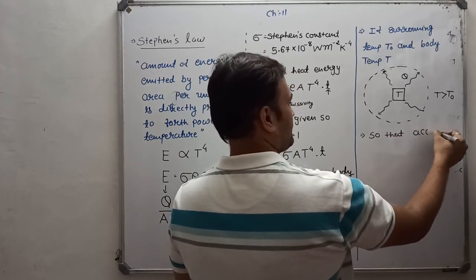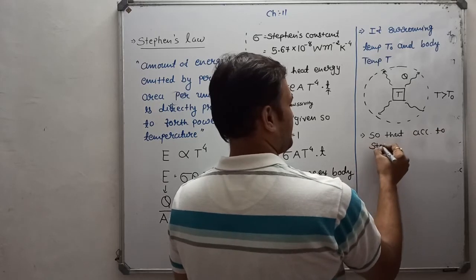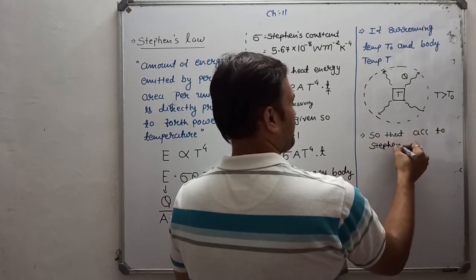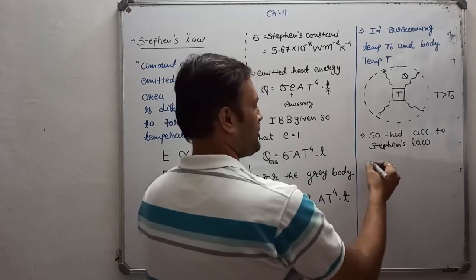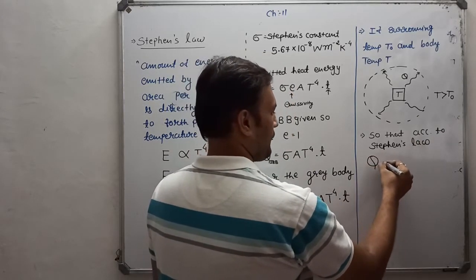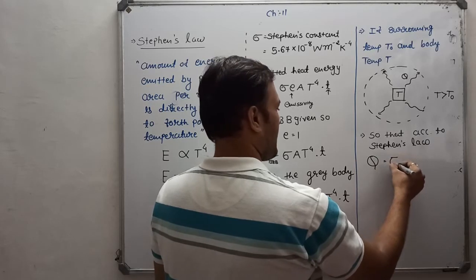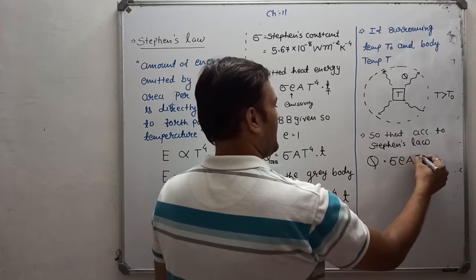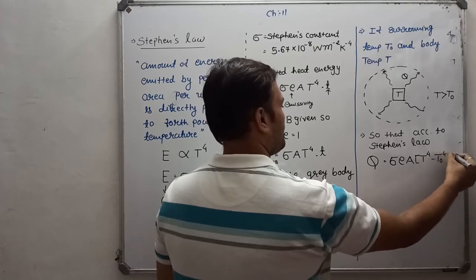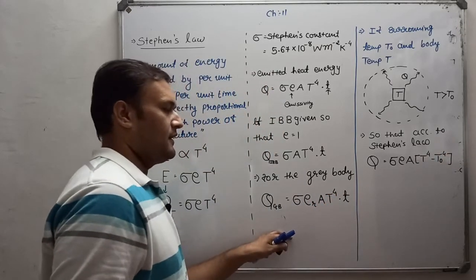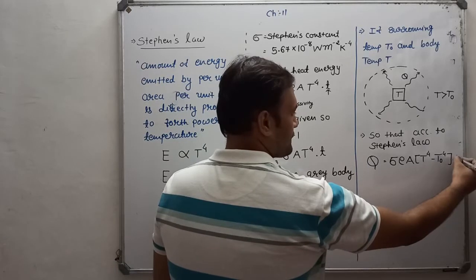according to Stephen's law, this equation changes: Q is equal to sigma E A into T raised to 4 minus T0 raised to 4, into small t.